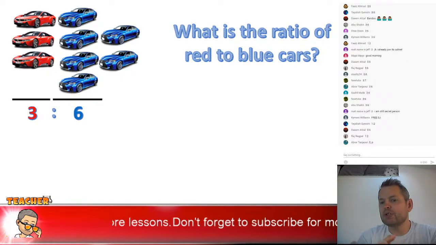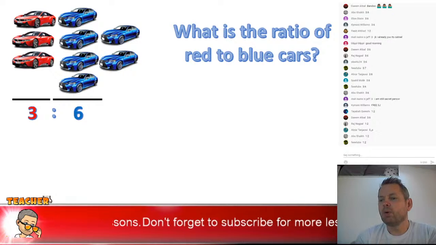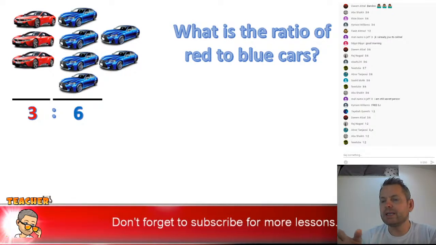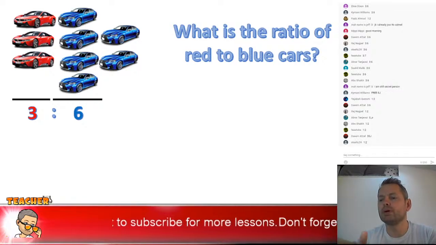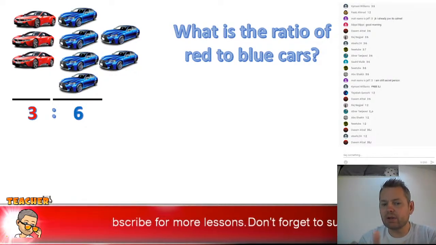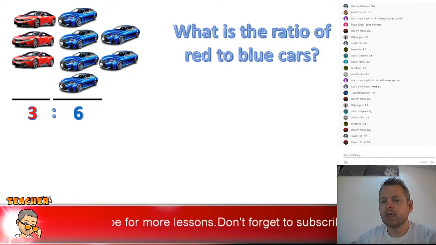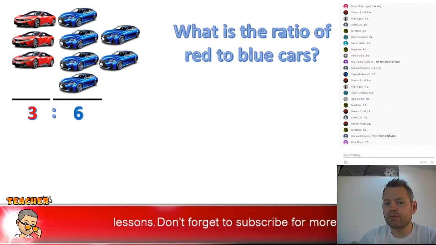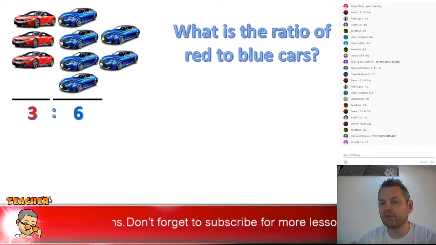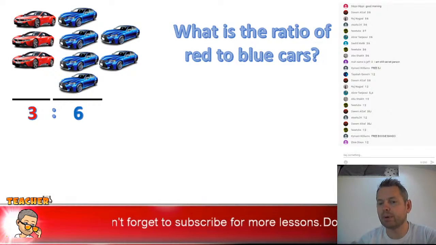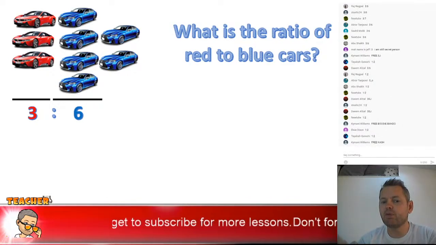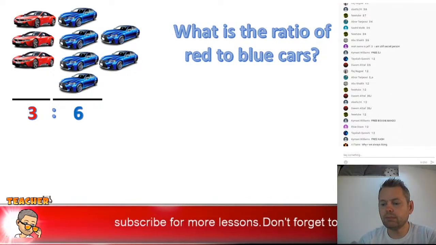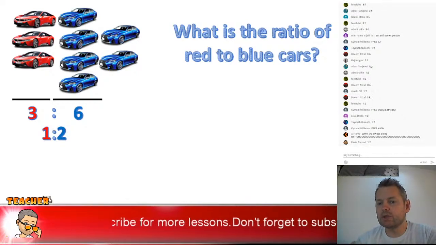So, for instance, if this was 3 and 5 cars, well, 3 and 5 are not in the same times table and actually are 2 prime numbers. So we know that those 2 prime numbers cannot go any further than they already are, okay? But in this case, both of these numbers are in the 3 times table. So we have 3 and we have 6, which means if we divide them both by 3, that's going to give us a ratio of 1 to 2. So my ratio would be 1 to 2.